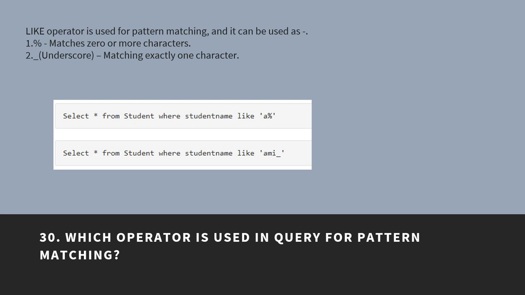So, SELECT * FROM student WHERE student_name LIKE 'A%' will give you the names starting with A, and SELECT * FROM student WHERE student_name LIKE 'AMI_' matches exactly the same characters which have been mentioned here.